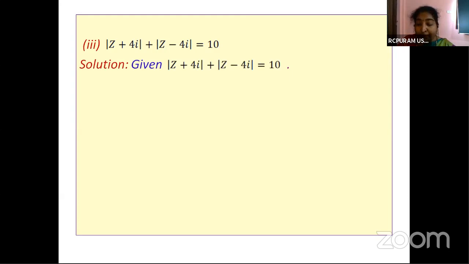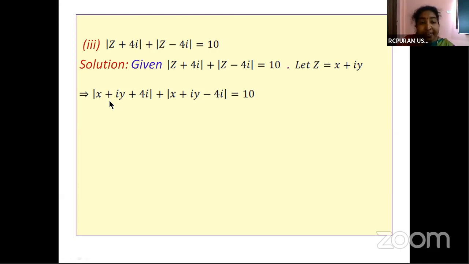We'll see one more problem. Mod of z plus 4i plus mod of z minus 4i is equal to 10. We'll take the given problem and assume that z is equal to x plus iy as given in the question. Then instead of z, we will substitute x plus iy.